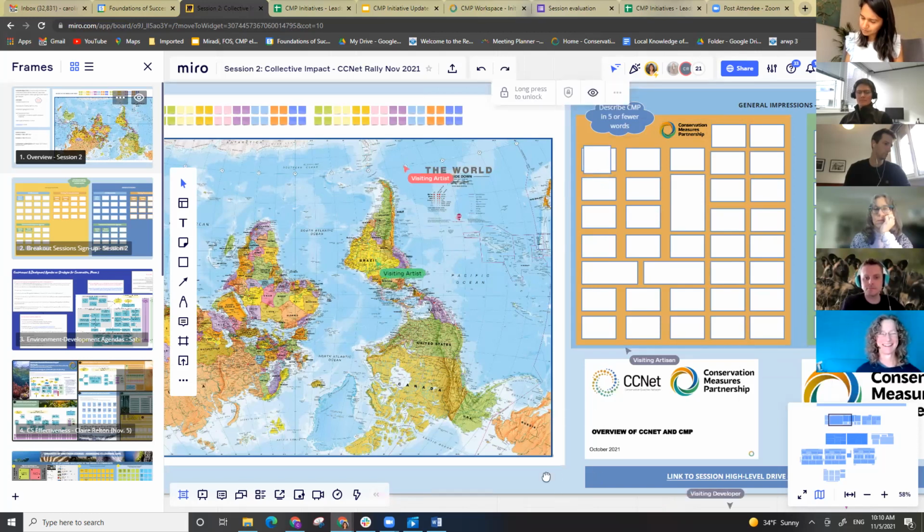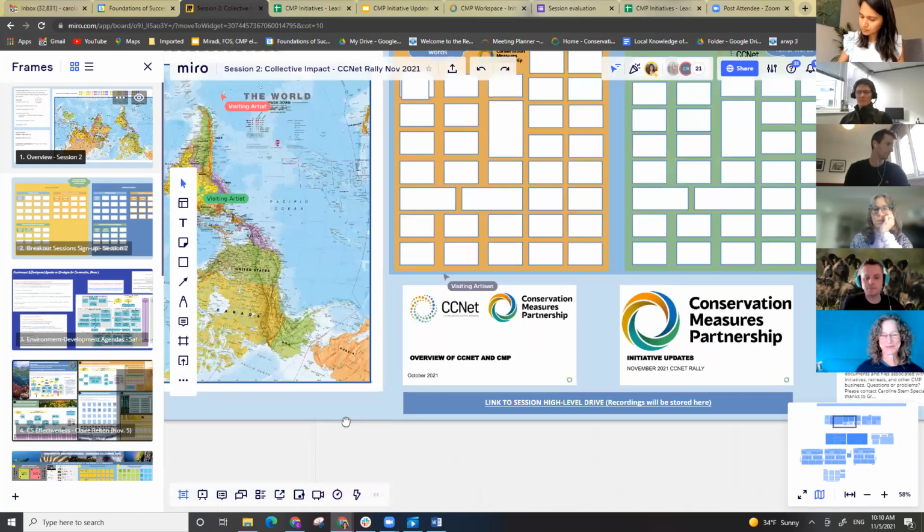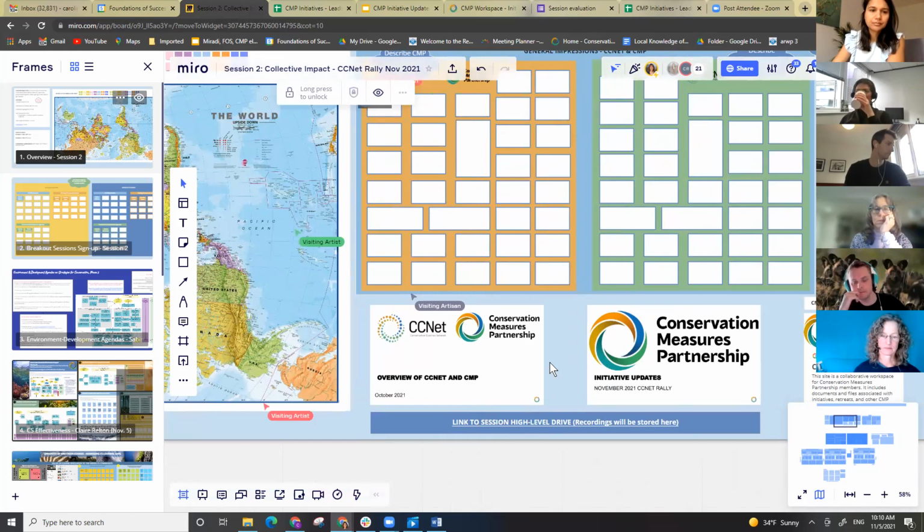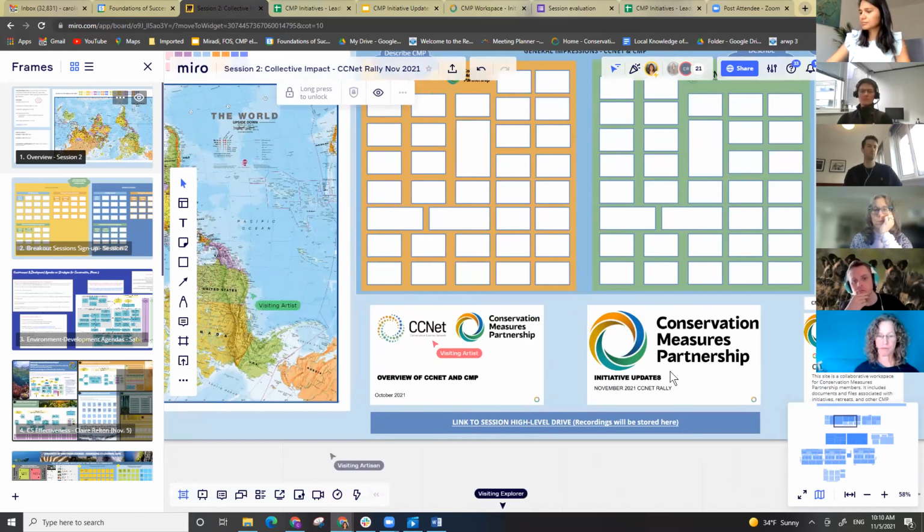The last thing maybe just to show you is in your board and in this spot, but in many other places, we have links all over the place to materials we're sharing during this session. So this is a presentation that Terri and Will are going to be sharing, and this is one that various people working on initiatives are going to be sharing.